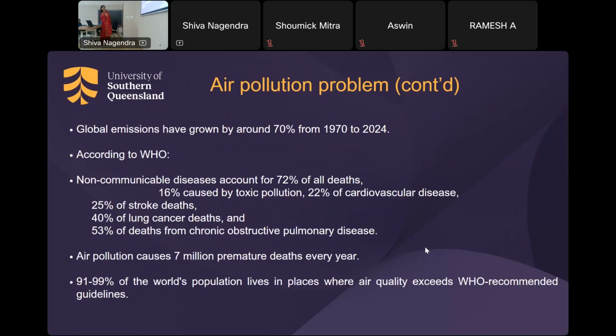Global emissions have grown considerably between 1970 and 2024, by around 70%. They continue to rise today, and there is no sign that they will decline. According to WHO, toxic pollution is among the leading risk factors for non-communicable diseases.